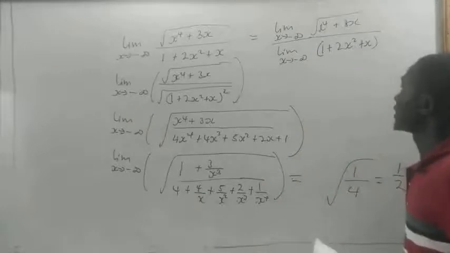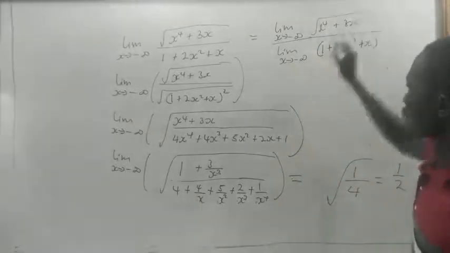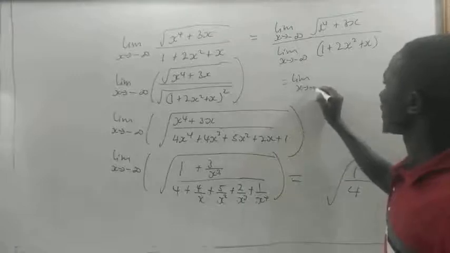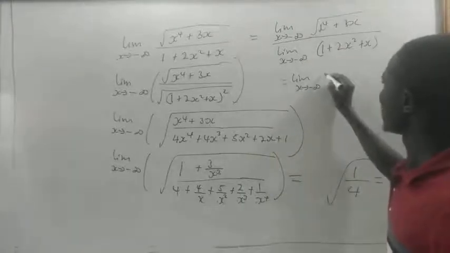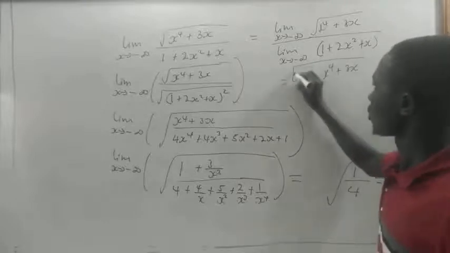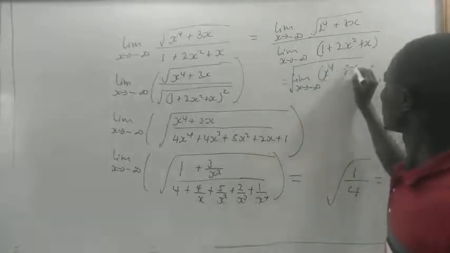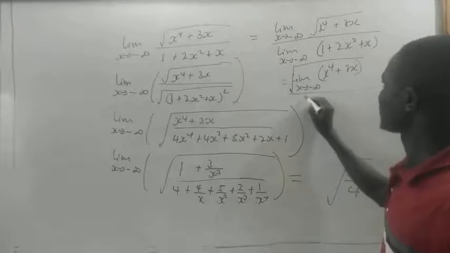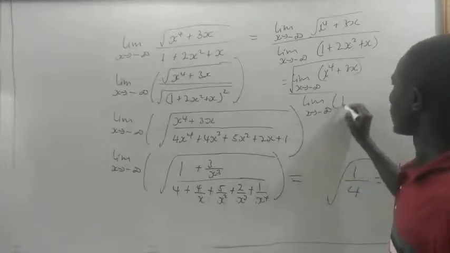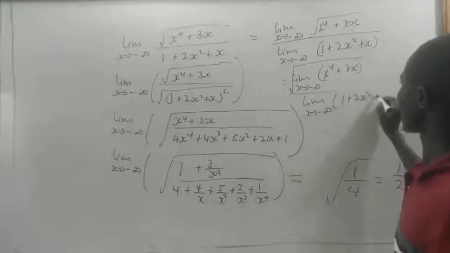So the top one will be the limit as x approaches negative infinity of the numerator, x to the power 4 plus 3x all under the square root, divided by the limit as x approaches negative infinity, 1 plus 2x squared plus x.